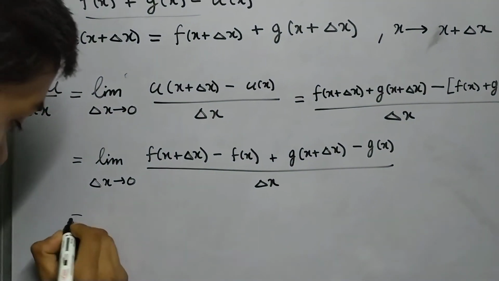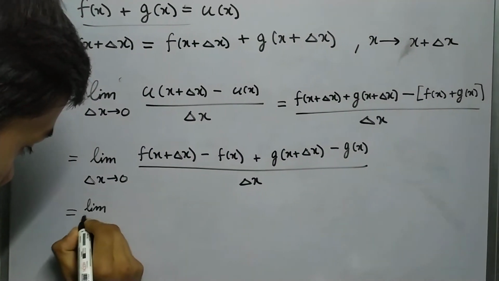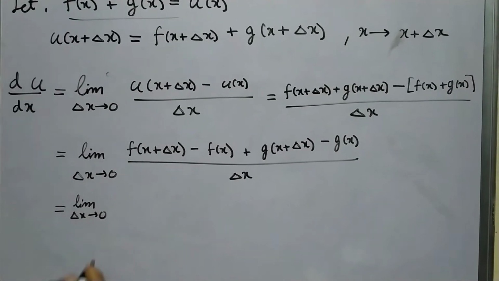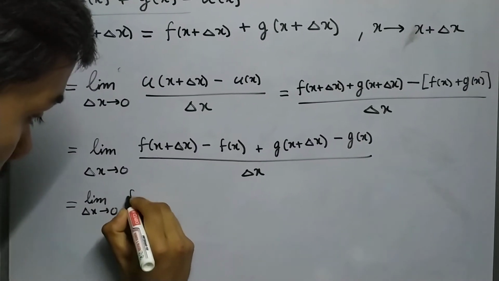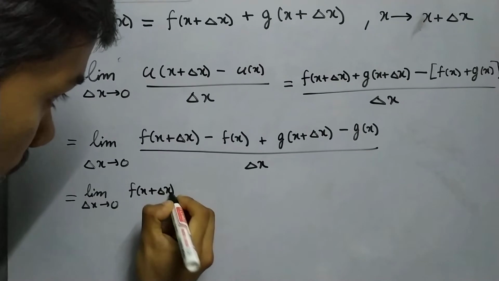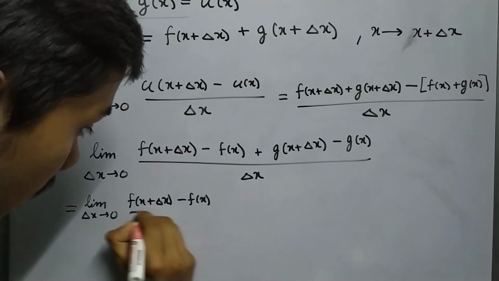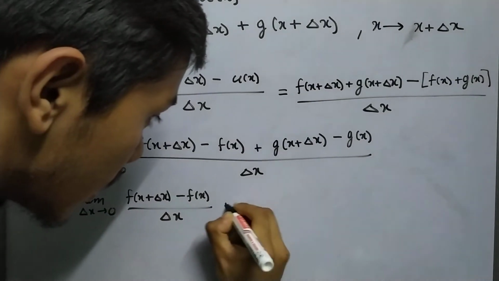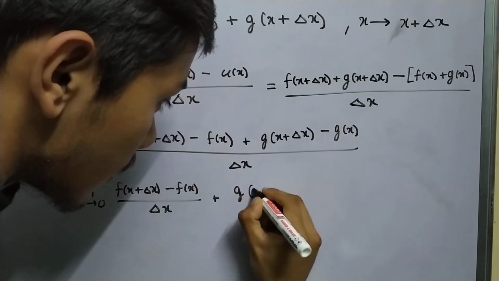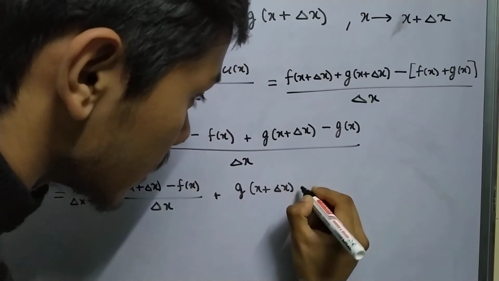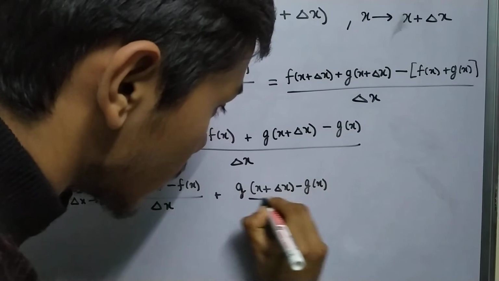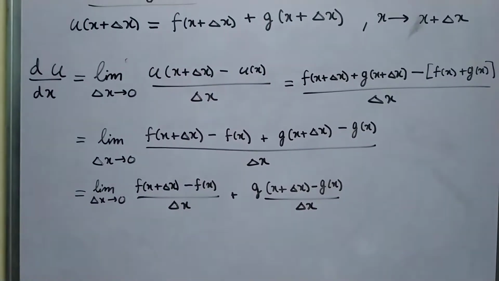Why are we doing this? You will see that in a minute. So from this we get limit delta x approaches 0 of f of x plus delta x minus f of x divided by delta x, plus g of x plus delta x minus g of x divided by delta x.